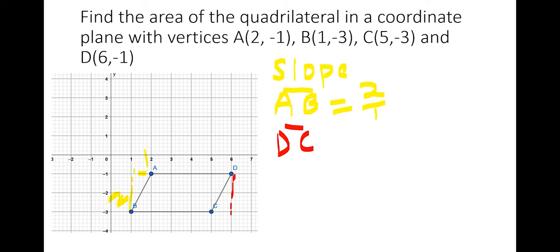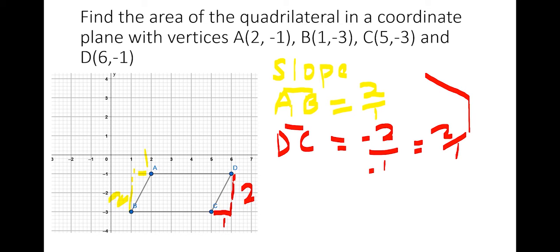So rise is 2 and run is 1. So it's -2 going down and -1, which is 2/1. You see the slope is same for AB and DC.